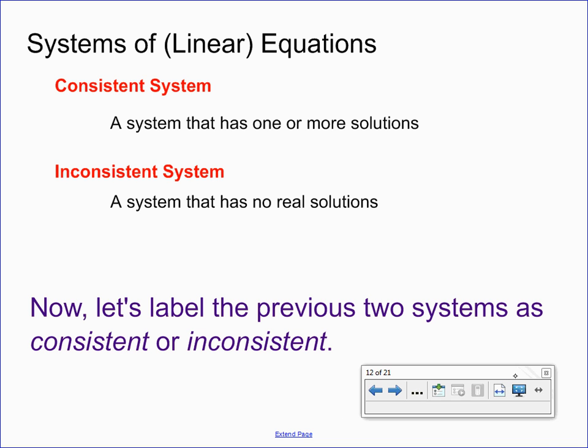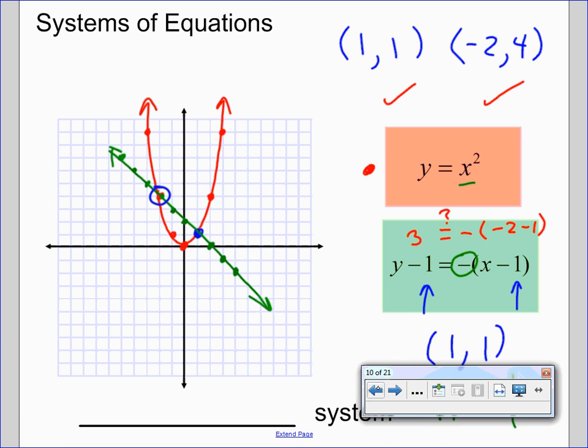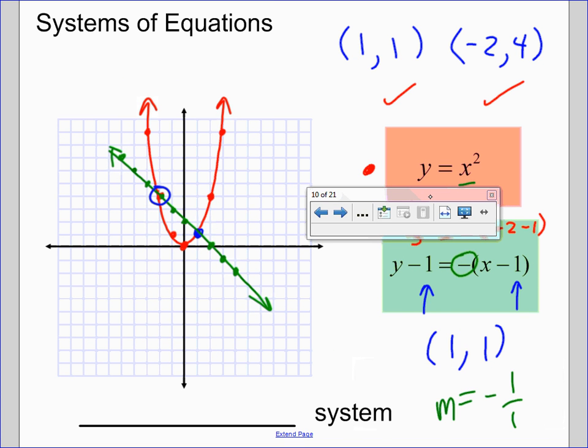So let's go ahead and label those previous 2 systems in the answer blank as consistent or inconsistent. We've already seen that a consistent system just has 1 or more solutions. So all it takes to be consistent is to have at least 1 solution. This one has 2 solutions, so this would be consistent.